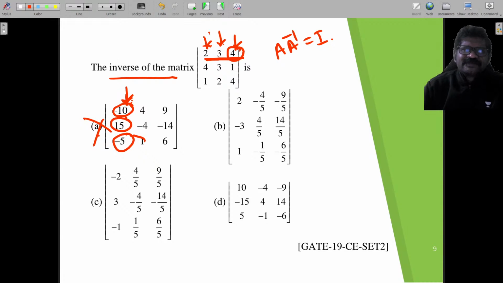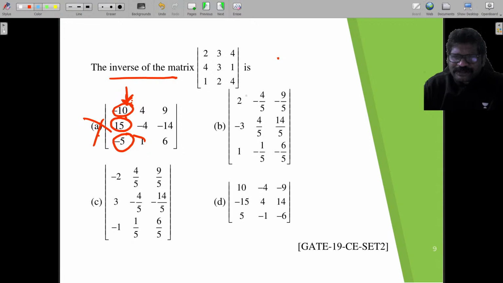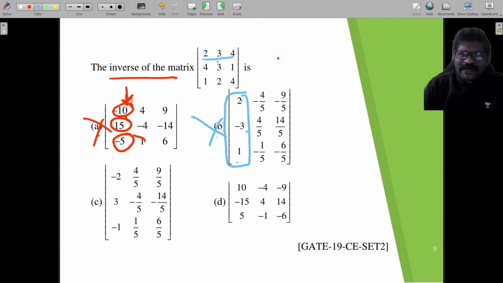Next, select second option. First row of A multiplied with first column of A inverse. Multiply. What is the result? Verify. 2 into 2, 4 minus 9 plus 4, minus 1. That's why eliminate this option. Next one.